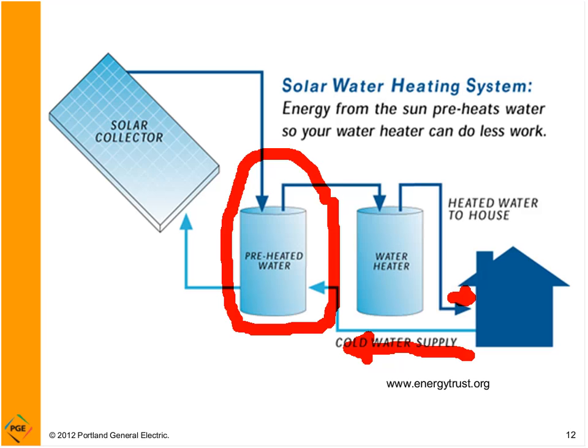The beauty of this system is that the preheated water tank, if there's no sun, all the water still goes into your regular water heater, and your regular water heater is sized to be able to handle cloudy days as well as sunny days. So it can still give you all the hot water you need, even on a cloudy day. On a sunny day, however, the preheat water tank is going to have all the heat you need.